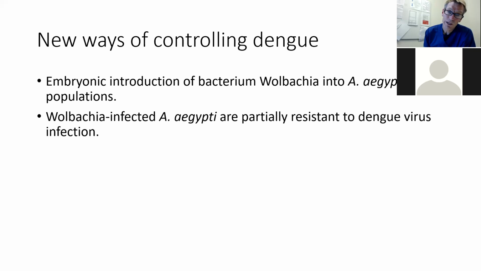But one of the most exciting things about control of dengue has been this project where a bacteria called Wolbachia is inserted into Aedes aegypti, mostly Aedes aegypti rather than Aedes albopictus. And when Wolbachia infects Aedes aegypti, they become resistant to dengue virus.